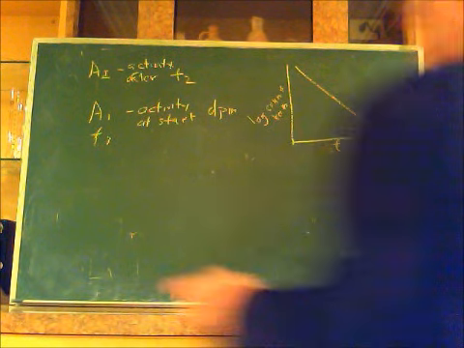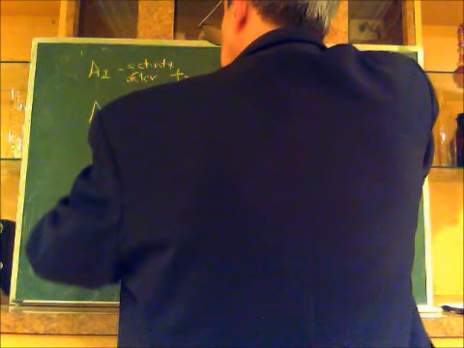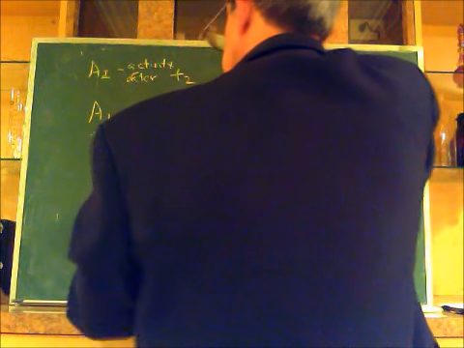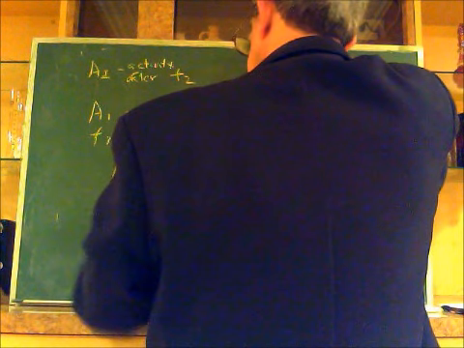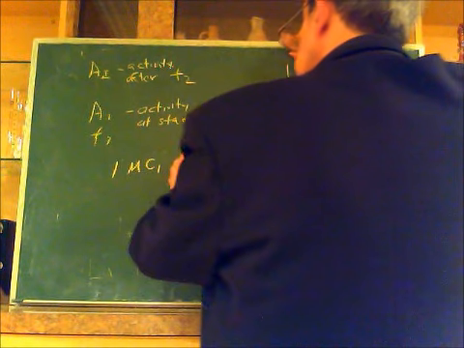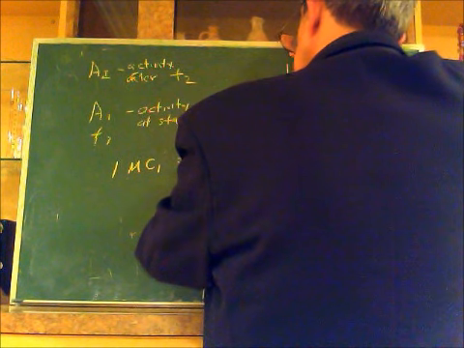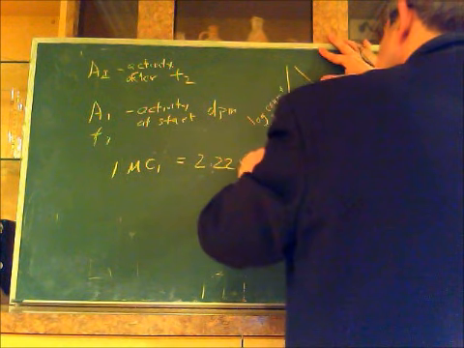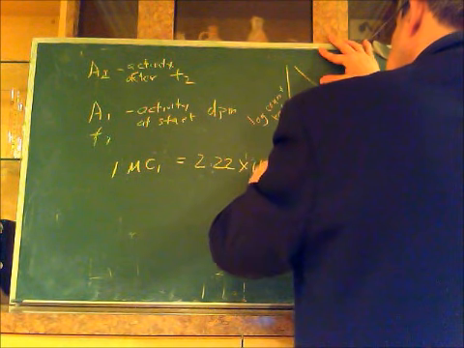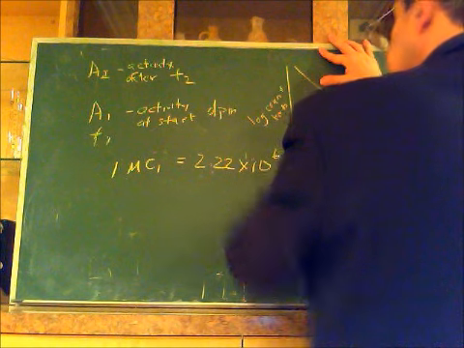One microcurie of any radioactive substance is going to be equal to 2.22 times 10 to the 6th disintegrations per minute, decays per minute.